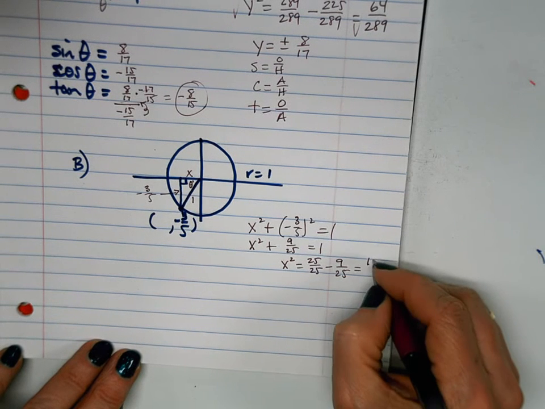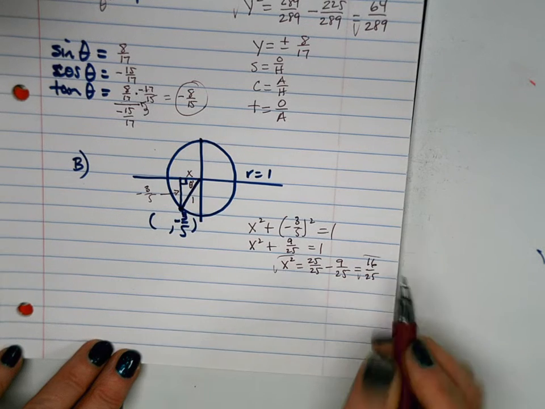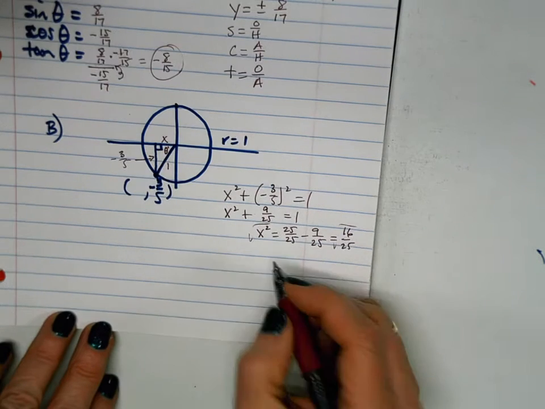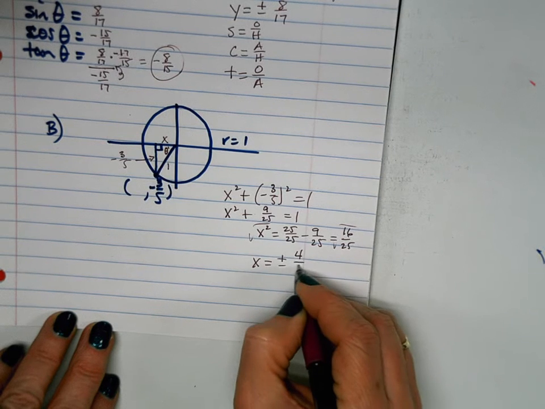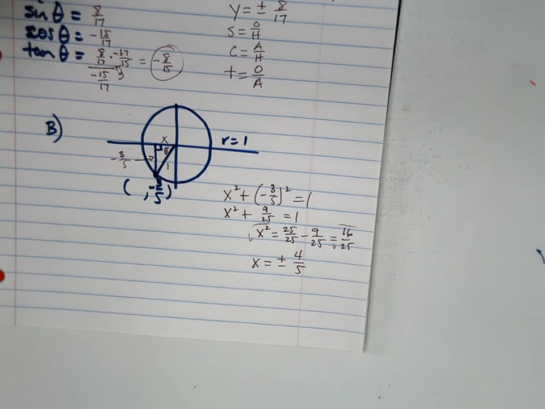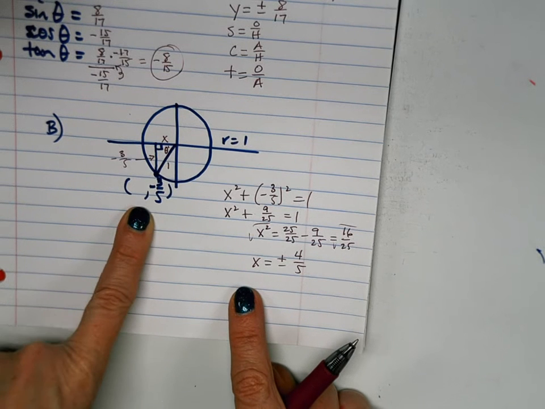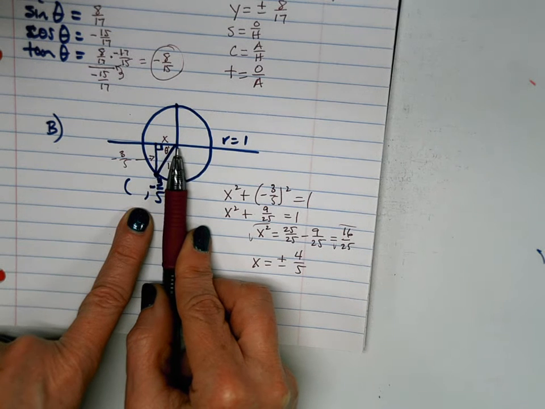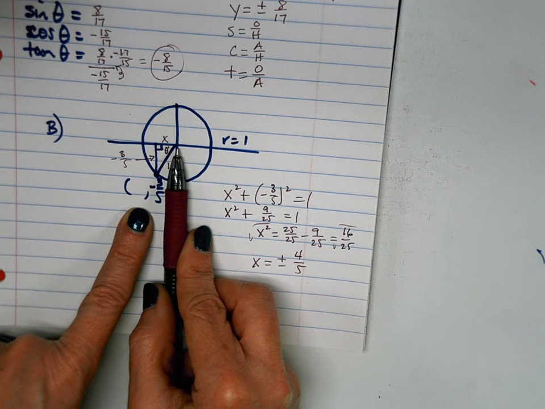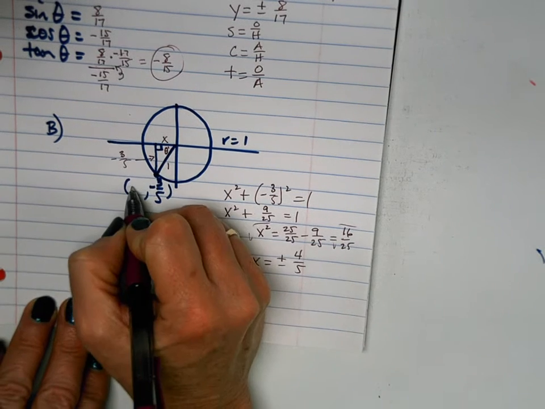Okay, and then at this point, to get x, we're going to take the square root, and we got to go plus or minus, okay? Because theoretically, both of those answers are correct. And so we'd have plus or minus 4/5, but then we're going to look at the quadrant and figure out, would x here be positive or negative? And the question is, from the origin, which direction did we go? We went left, which is negative. Yeah. So this would be -4/5.